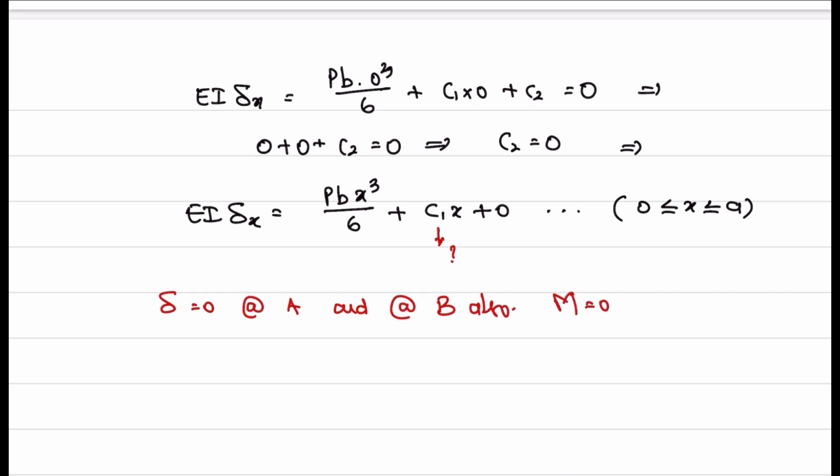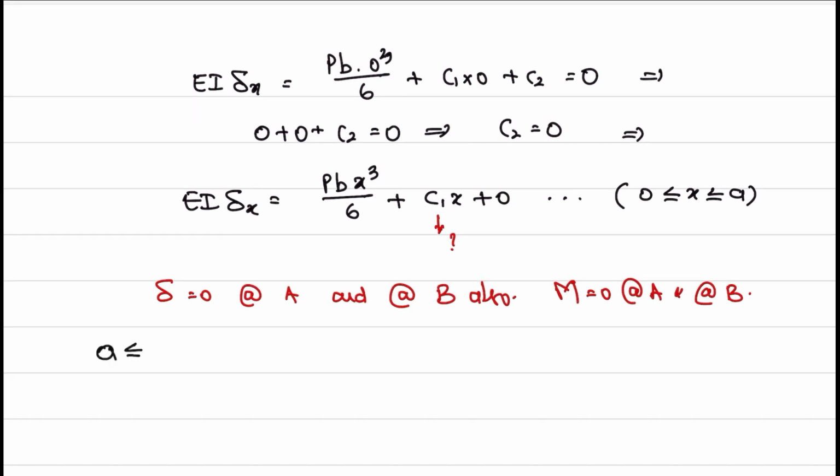Moment is equal to 0 at A and at B. We have only tested the equation for the portion left hand side, left hand support. Now the second portion, a less than or equal to x less than or equal to L.